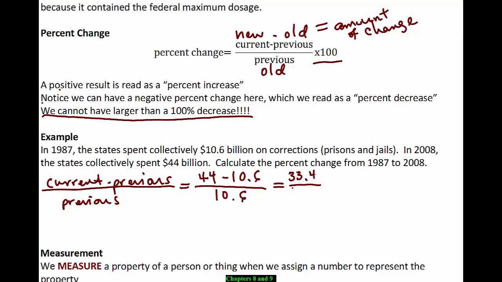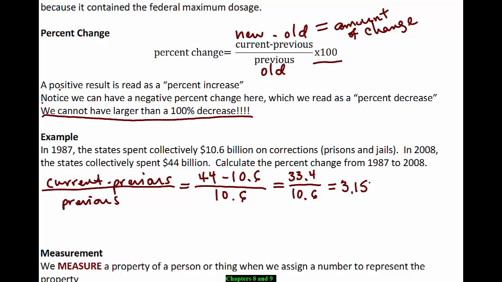So the amount that we spent extra was $33.4 billion, but we want to measure it relative to 10.6, where we started. And when we punch that in the calculator, we get 3.15.